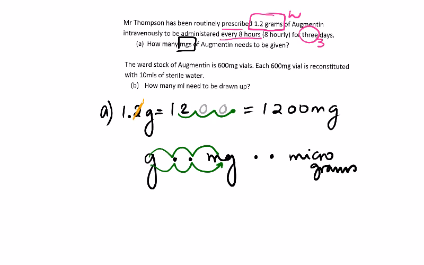So 1.2 grams will have to be a little bit more than 1,000 milligrams, which makes sense if we say 1,200 milligrams. So this would be the quantity to be given 8 hourly.